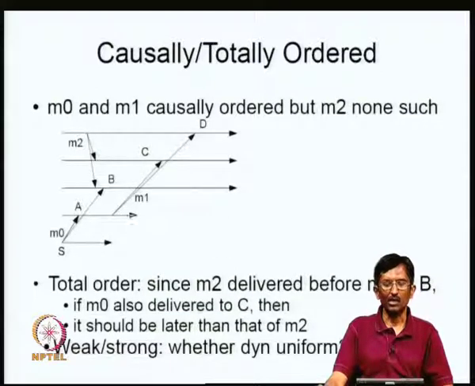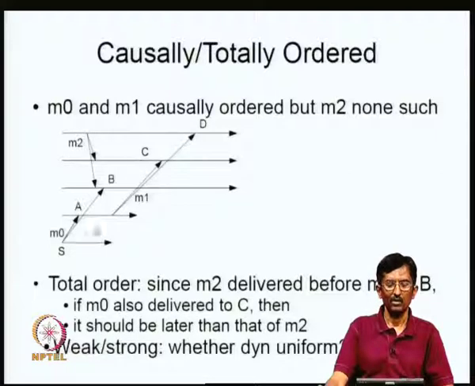Now, if I am thinking about total order, if you look at B, suppose my timeline is like this. M2 has been delivered at B before M0 at B. Suppose I extend this particular message multicast to C also.